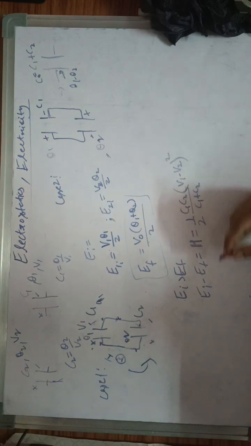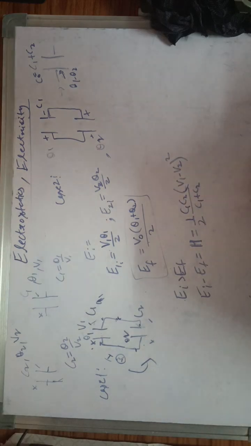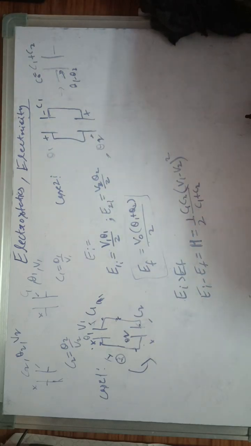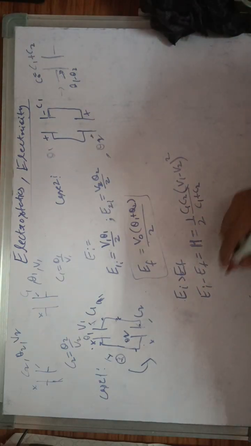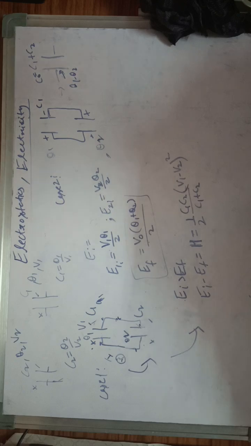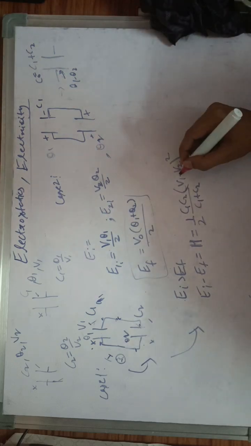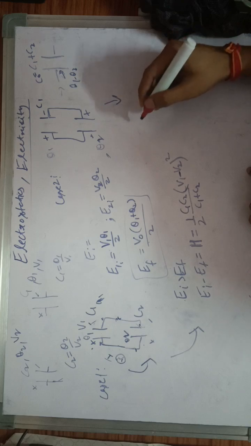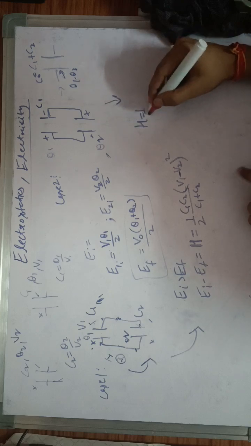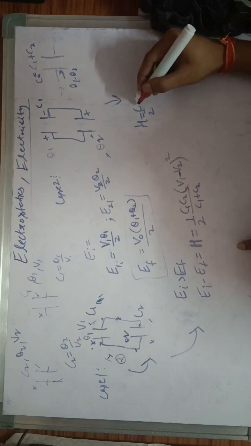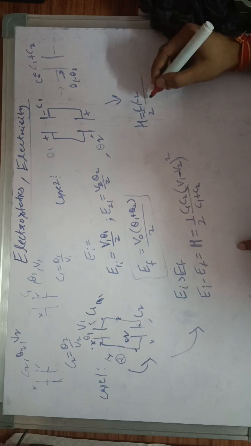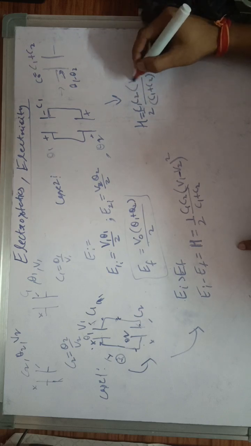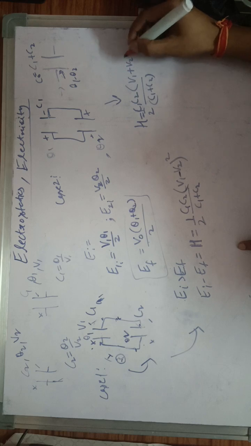So this is the formula of heat loss, and this is for the case 1. Here we have minus sign here, and in case of this, heat energy is given by similarly the same formula, C1 C2 divided by C1 plus C2, but here we have V1 plus V2 whole square.